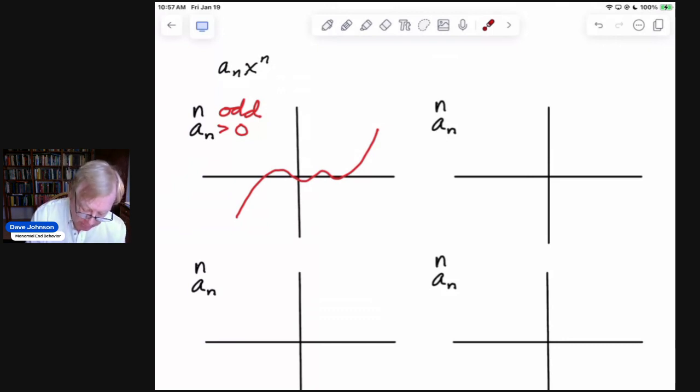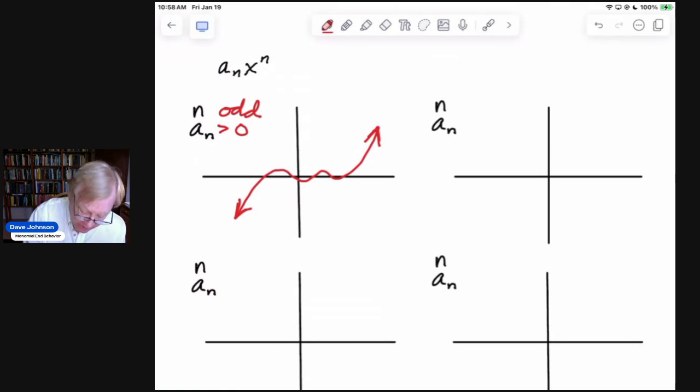But basically the idea here is that if you have an odd degree polynomial and the leading coefficient is positive, then it's going to start low and it's going to end high. And that's the end behavior. For this purpose, we're not that concerned about what happens for small values of x. We're only concerned about large values of x.